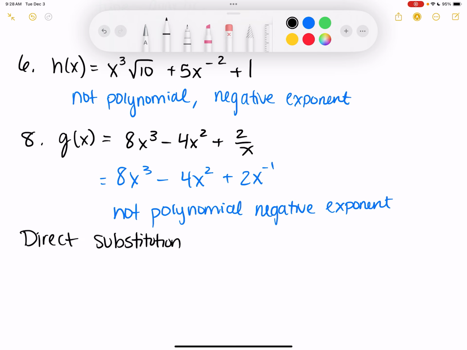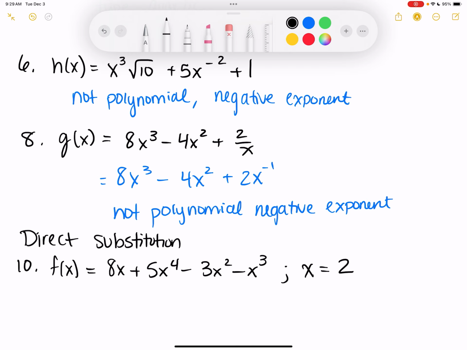So number 10, I've got f of x equals 8x plus 5x to the 4th minus 3x squared minus x cubed, and they tell us that x equals 2.